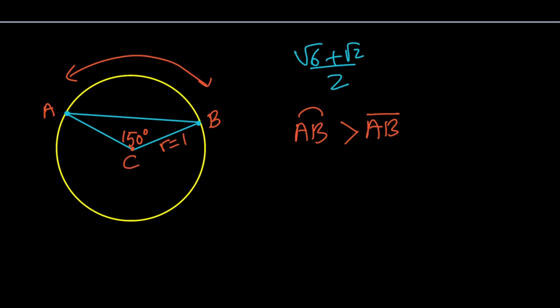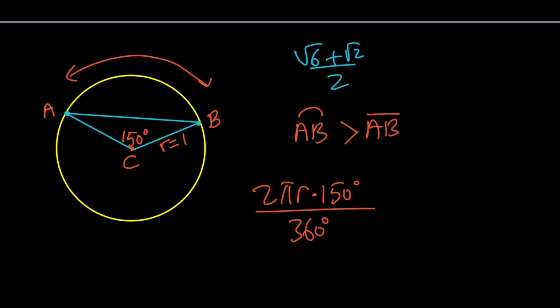So how do you find the arc length? Well, you need to find the circumference, which is 2 pi r, and then multiply by the angle in degrees or radians, doesn't matter, and divide it by 360 degrees or 2 pi radians. If you do, 2 pi is going to cancel out, and so on and so forth. Same idea.